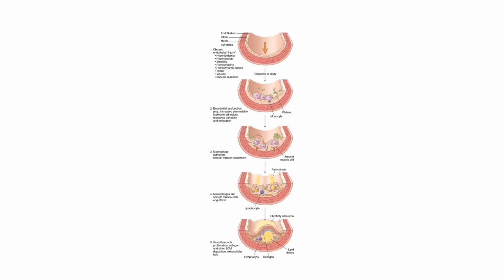The accumulation of lipid-engulfed macrophages and smooth muscle cells in the intima gives the yellow-colored appearance of a fatty streak, and this eventually leads to the formation of a fibrofatty atheroma.